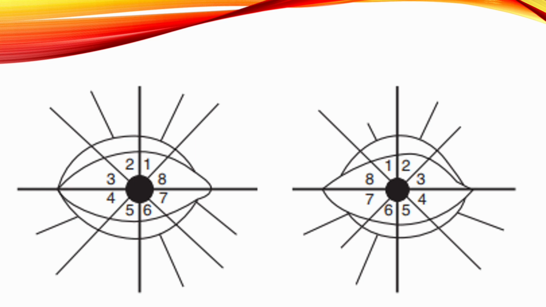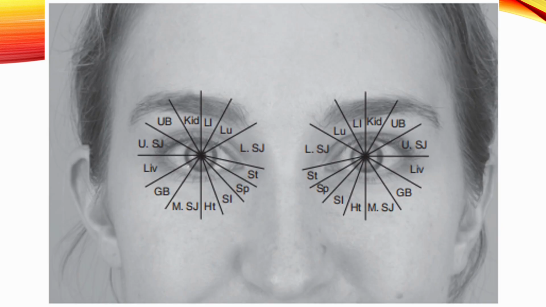Area 6, heart and small intestine. Indications: palpitations, chest pain, insomnia, and forgetfulness. Diarrhea, borborygmus, and abdominal pain. Area 7, spleen and stomach. Indications: fullness of the abdomen, poor appetite, diarrhea, weakness of the 4 extremities, and edema.